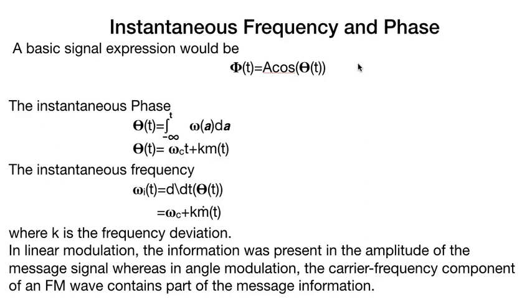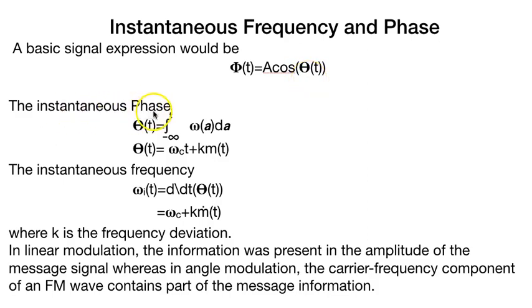We already know that phi(t) is A cos(omega t plus theta), but here I have shortened this expression and used a constant amplitude because the amplitude is not variable in frequency and phase modulation. That used to be the case only in amplitude modulation.